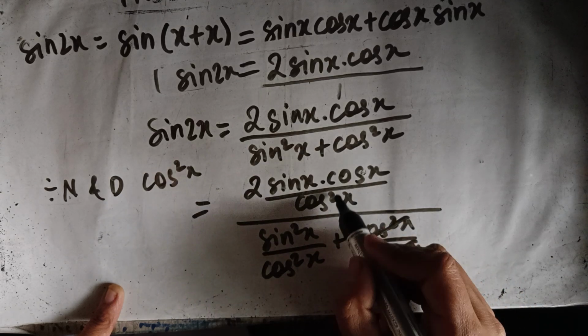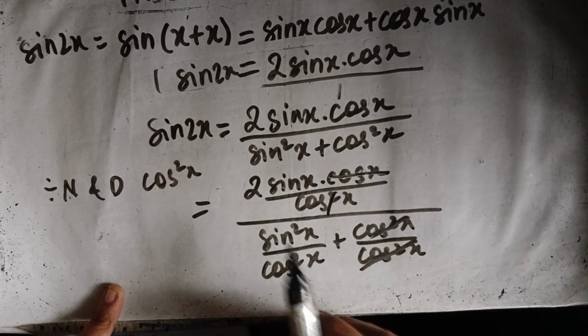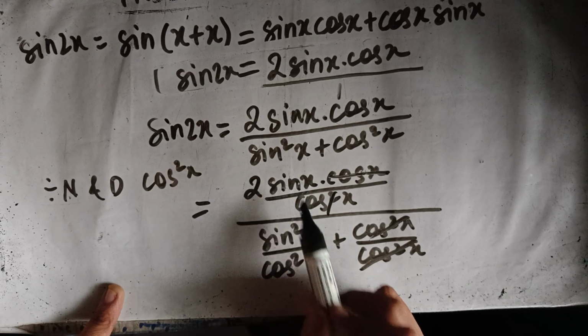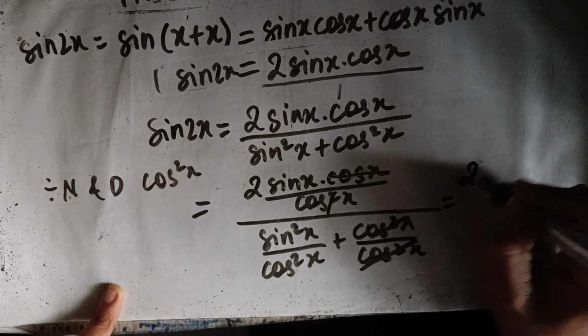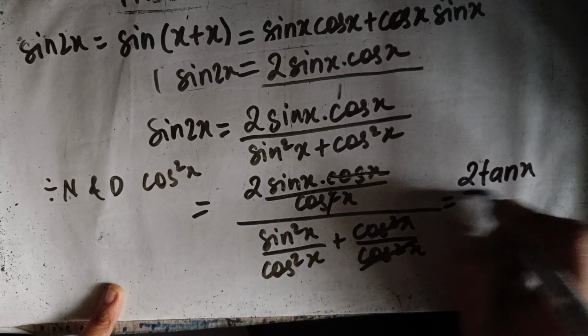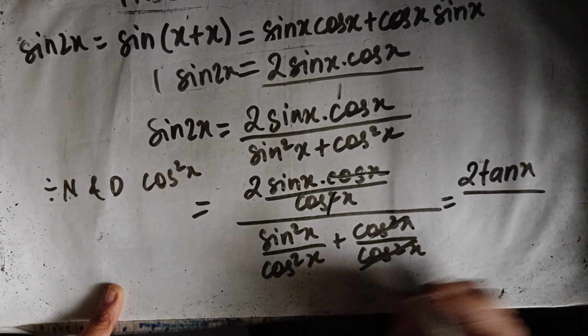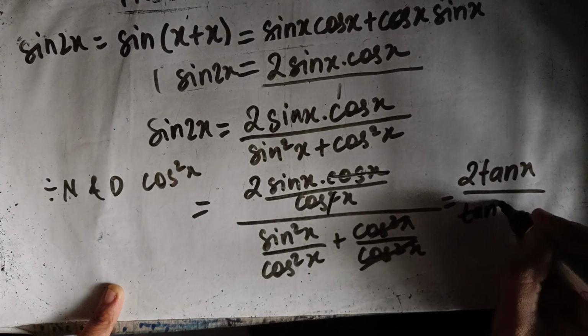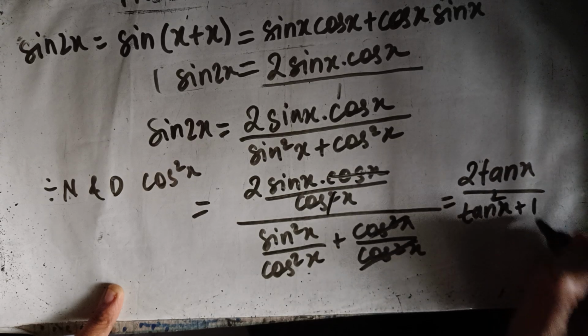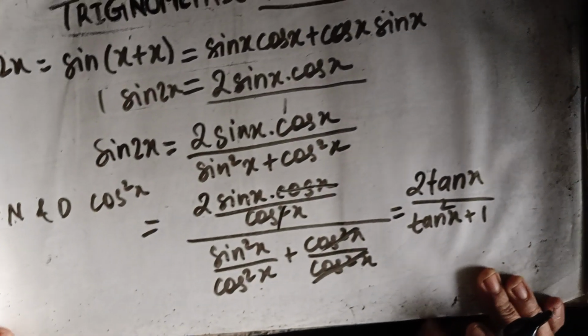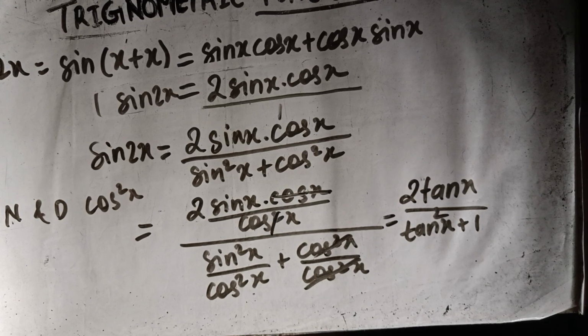So you can cancel this, and what remains is 2 sin x upon cos x, which is 2 tan x, upon tan square x plus 1, or 1 plus tan square x. Okay, sin 2x is 2 tan x upon 1 plus tan square x.